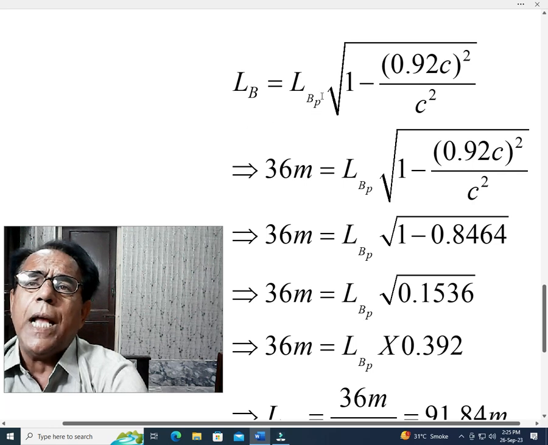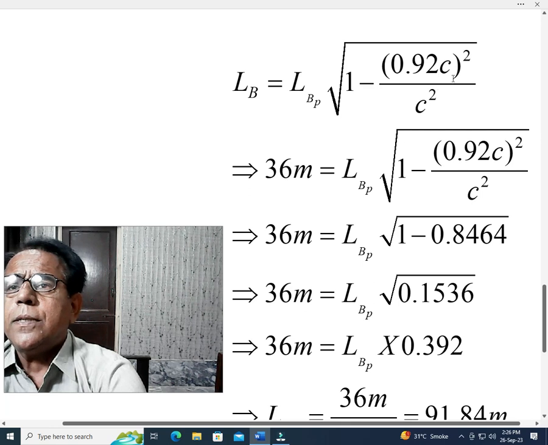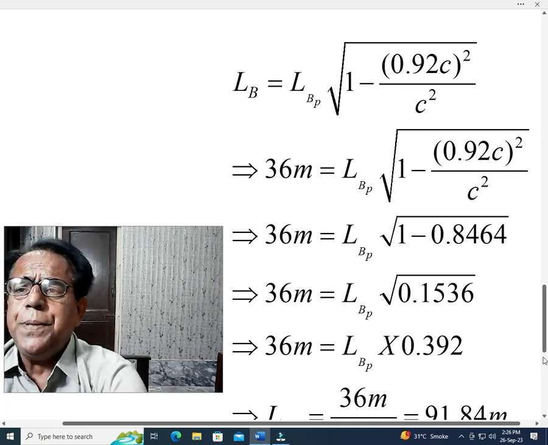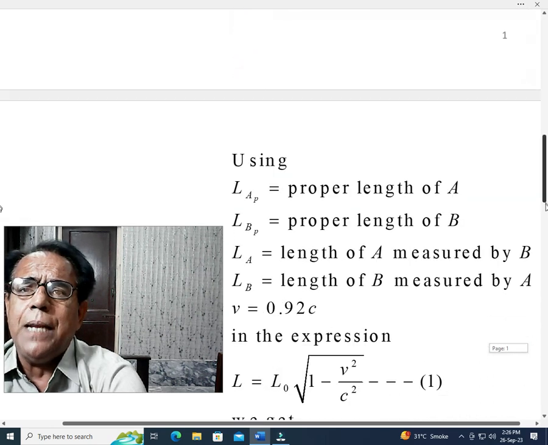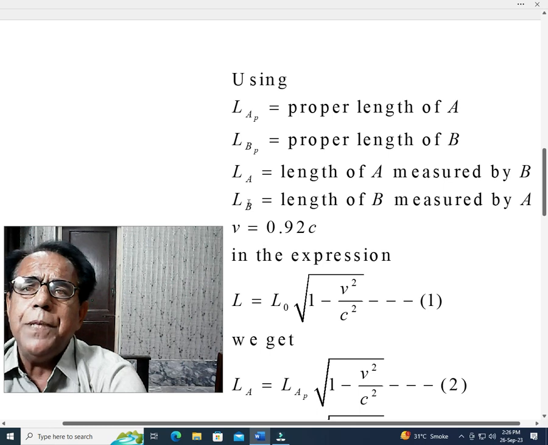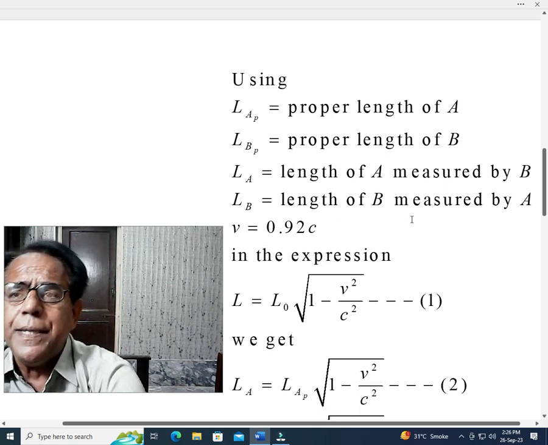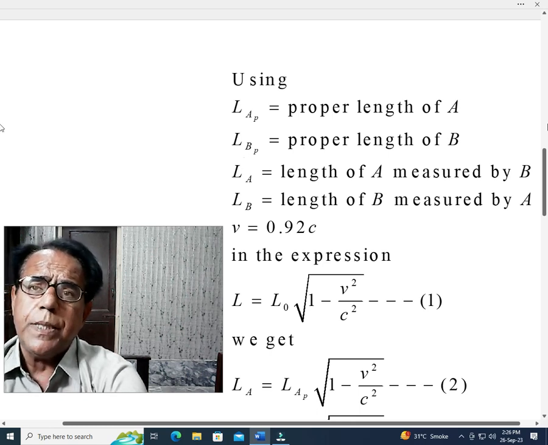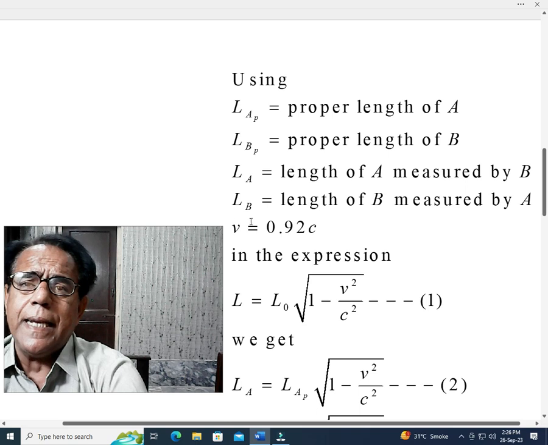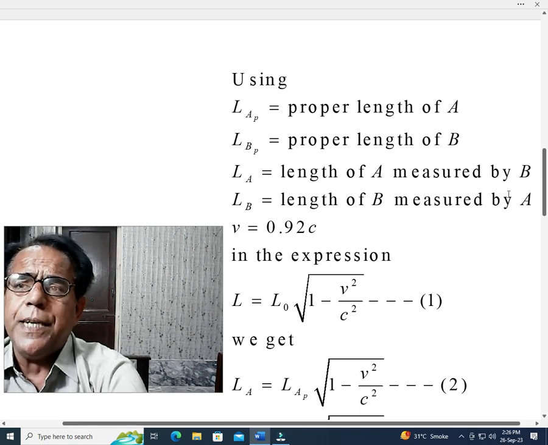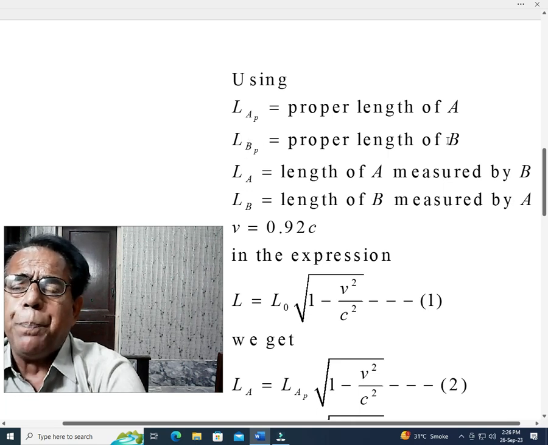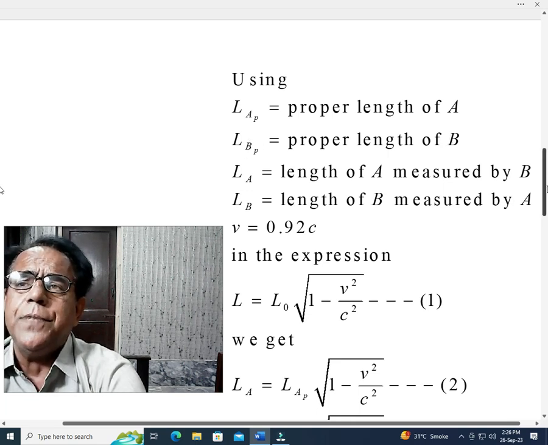L_B is equal to L_BP into under root 1 minus 0.8464. What are L_B and L_BP? L_B is the length of B measured by A, and L_BP is the proper length of B. Our expression is that L_B, the length of B measured by A, is equal to L_BP, the proper length of B, into under root 1 minus v square over c square.